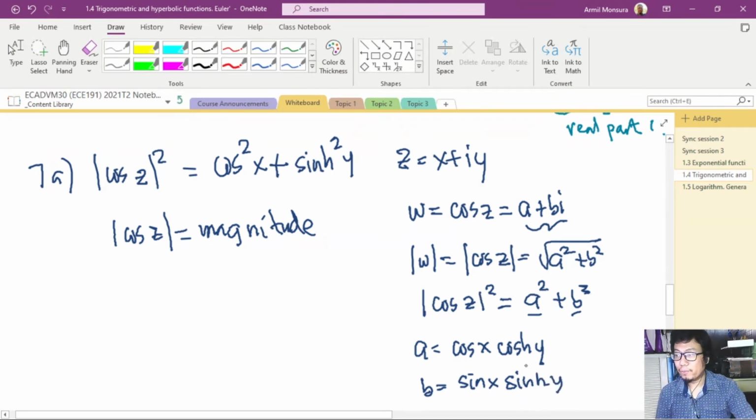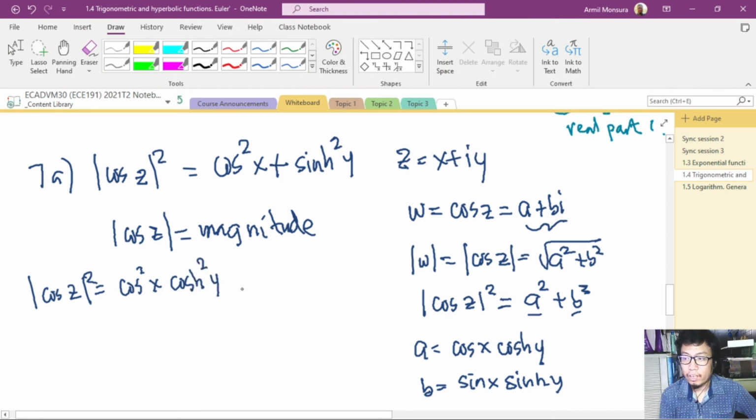So therefore, the square of the magnitude of cosine z is basically the square of this one, so that is cosine square x and hyperbolic cosine square y, plus the square of b, which is sine square x times hyperbolic sine square y. So that is what this quantity is equal to.